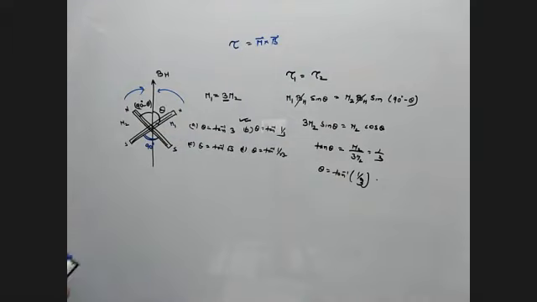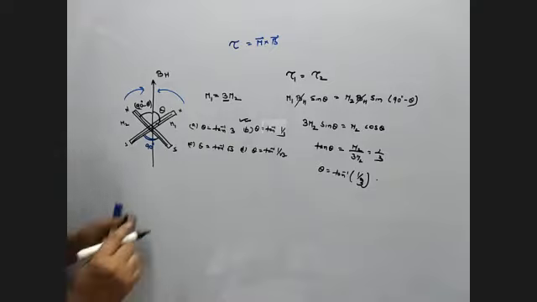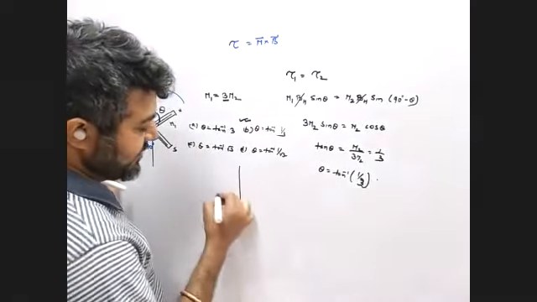Okay? So this is one type of question the examiner can ask you. Sometimes the examiner can ask one more type of question where they put two magnetic fields. Try to understand.